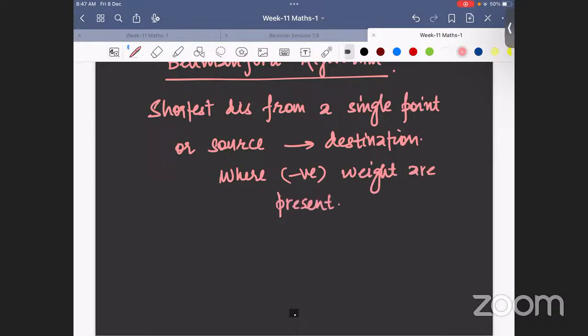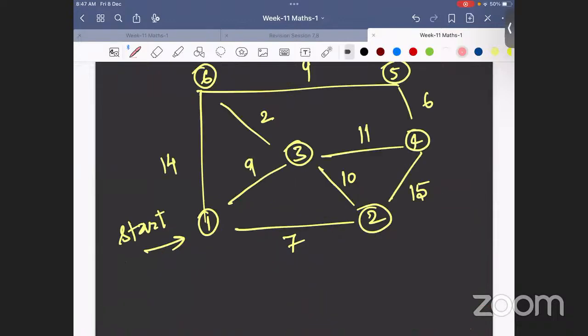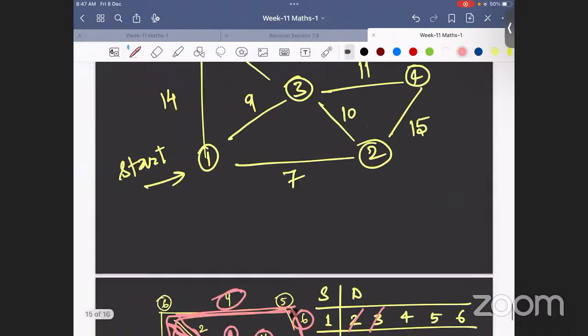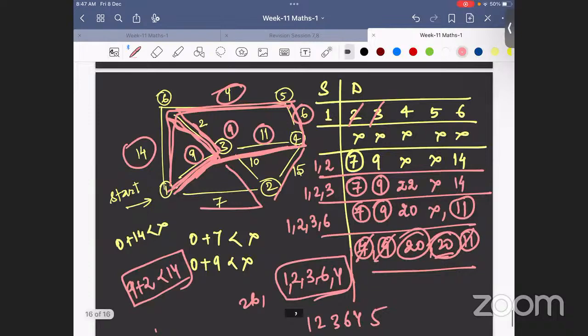See, what happens in the Dijkstra algorithm is whenever you have a negative weight, you are updating all these things, right? But then this algorithm won't work here.